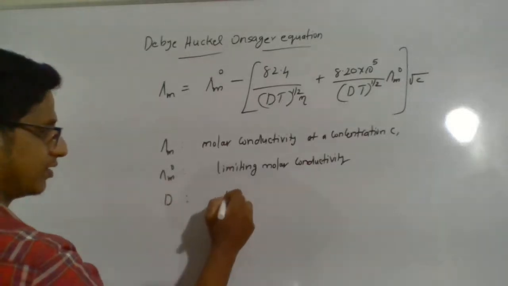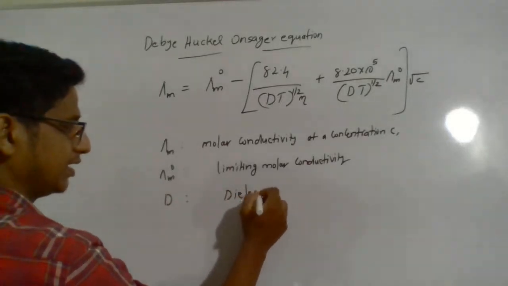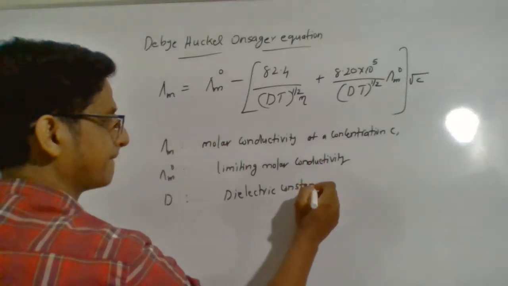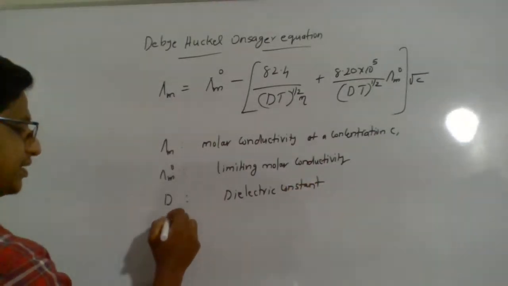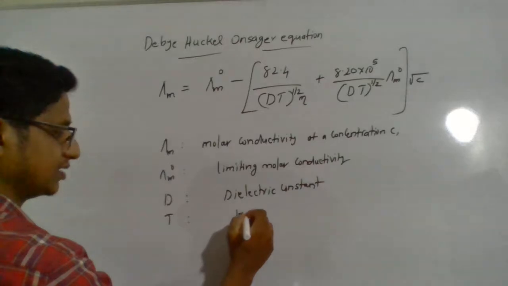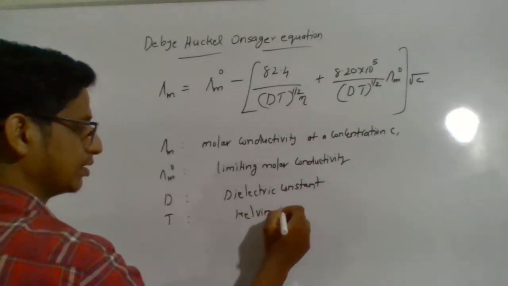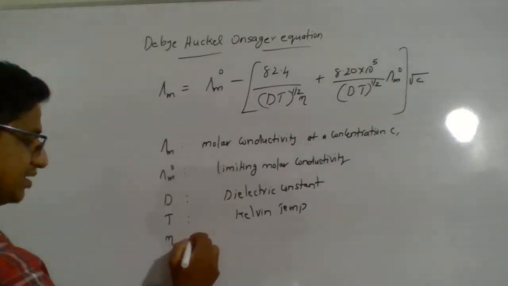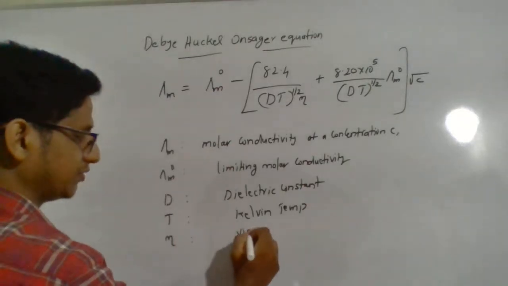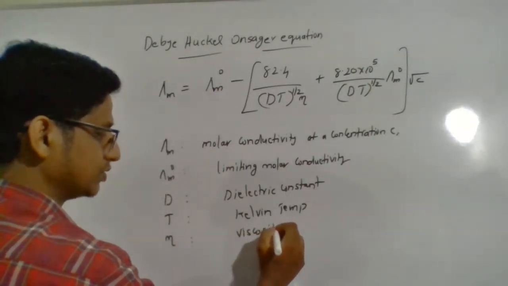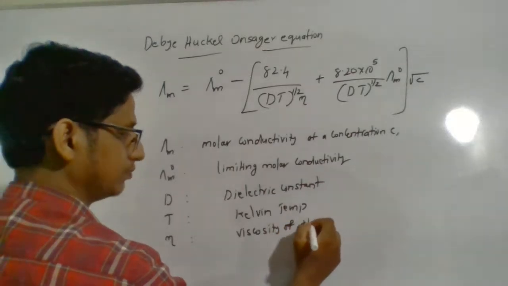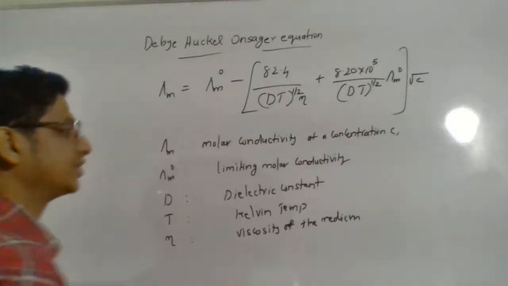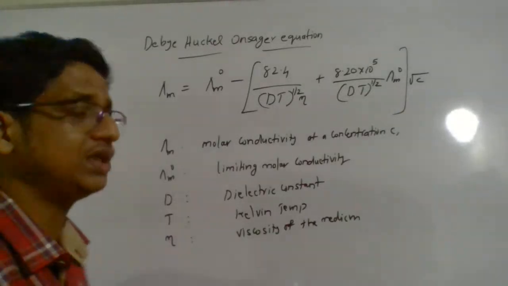D is the dielectric constant of the medium. And T is the temperature, that is Kelvin temperature. And one more term is there, that is eta, the viscosity of the medium. C is the concentration of the solution.